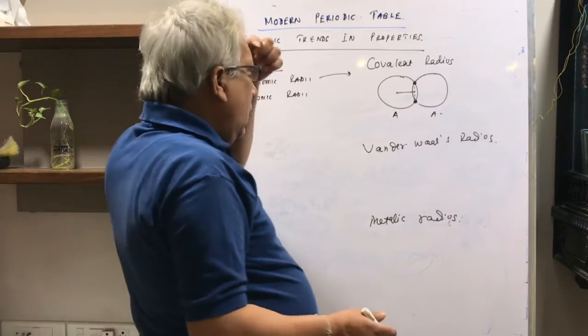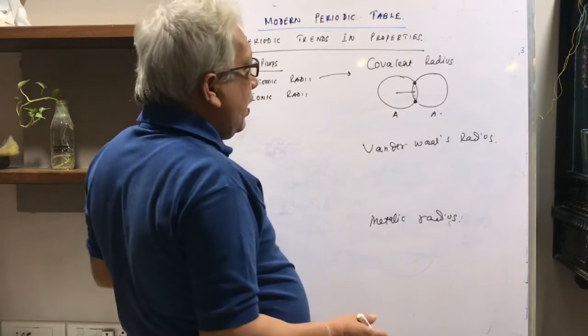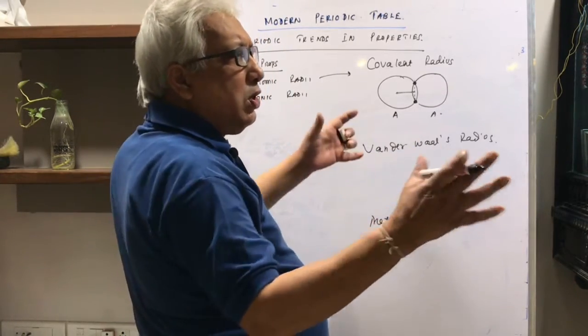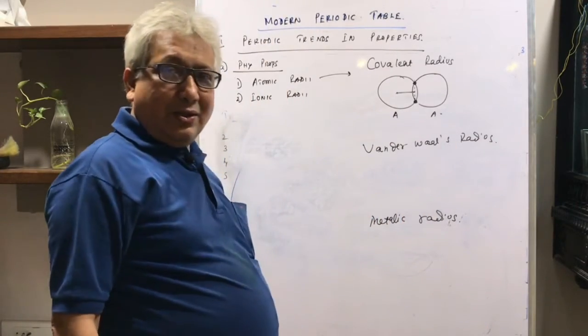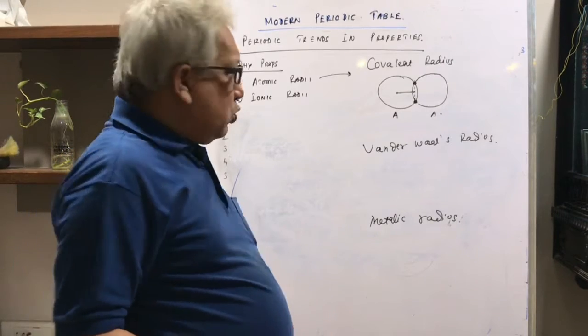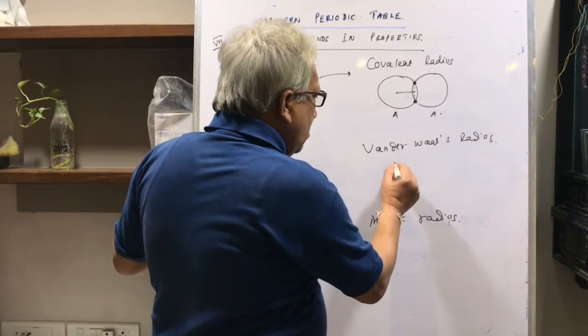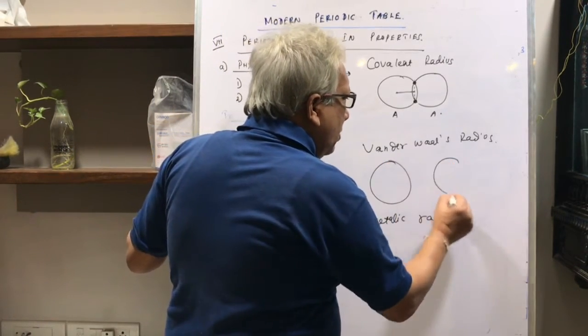All right. And in van der Waals radius, the individual atoms are all separated from each other, which happens in case of inert gases. They don't form bonds. So let us say this is an atom of argon, and this is an atom of argon.